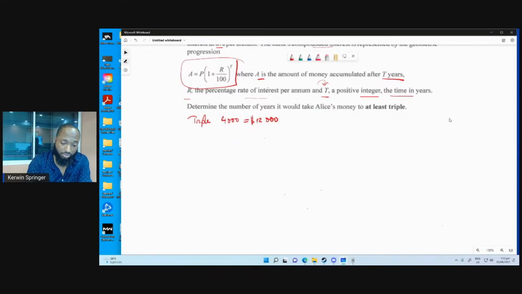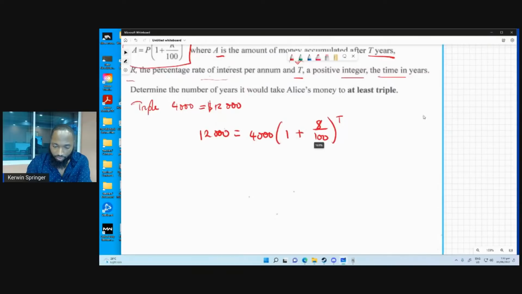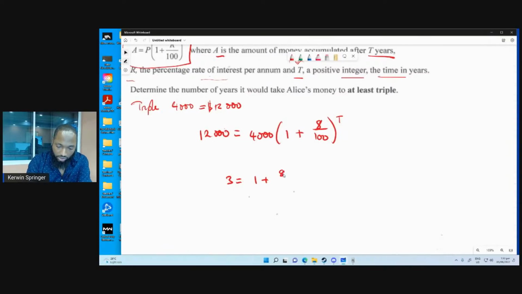So they just put 12,000 is equal to P. What's P? 4,000, times 1 plus 8% per annum. Triple, so we want 3. 3 is equal to 1 plus 8 over 100 to the power T.